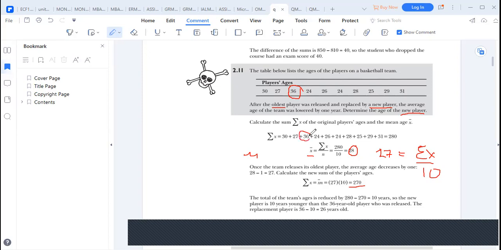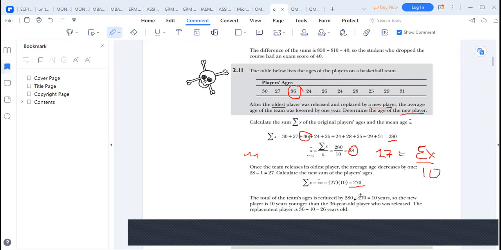It gave us a total of 280. Then we recalculated this by removing a 1 from the mean to give us 27, the summation of x over n. So we get 270. Now the difference between these two is the age difference between the older and the new young player.